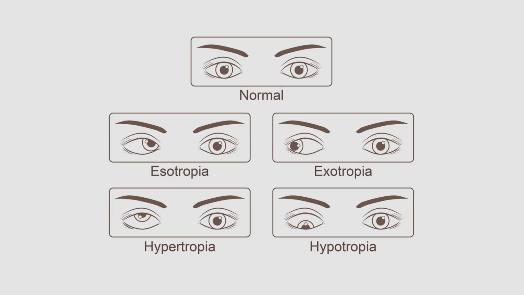In the general ophthalmology office, when we encounter a patient with strabismus, we need to decide if it's a neurological or non-neurological cause. If it's neurological, the neuro-ophthalmology team will be called. But if it's a non-neurological cause, then if the patient is a child, refer to the pediatric ophthalmology and strabismus clinic.